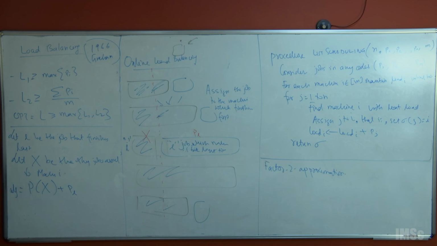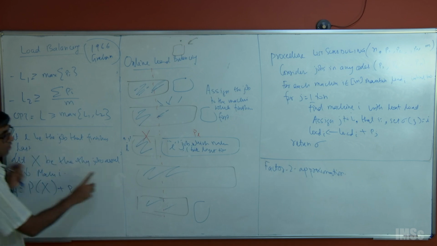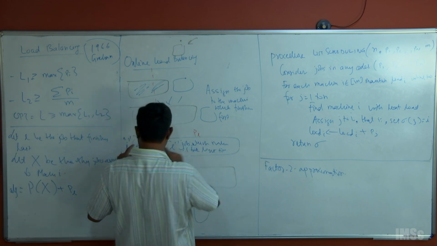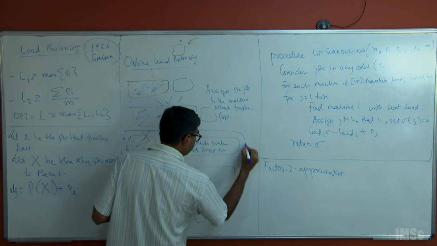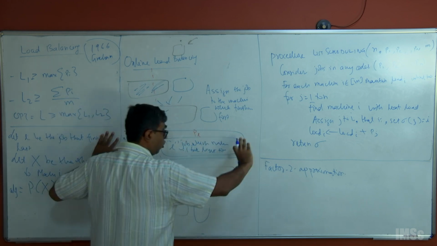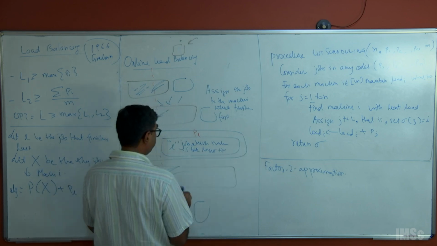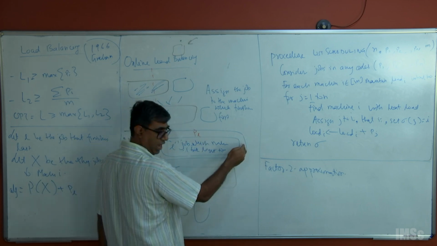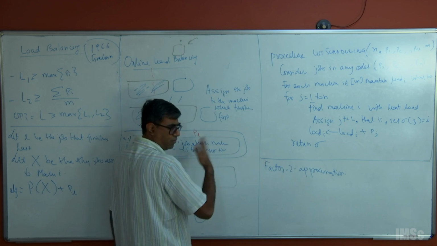You don't understand? What was the number L? L is the job that finishes last. This is the job that finishes last. So it means this machine takes the longest amount of time, right? After this, am I assigning anything to this machine? No, because we are done.